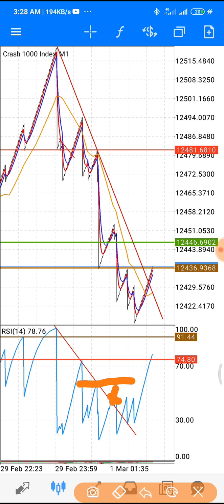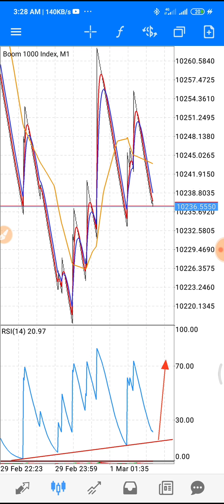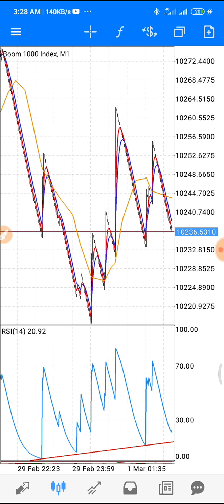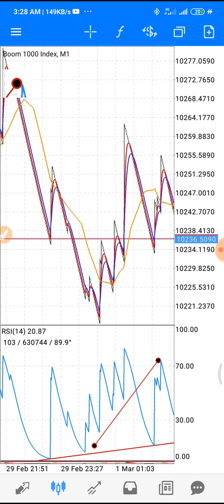It doesn't even get to the nearest resistance before dropping down, and that's here. So since then it came back again, broke it, and still came back. Then it does something also. It breaks and retests. I saw it on Boom 1000 the other time. Yeah, I saw it here. There was a break and retest here.